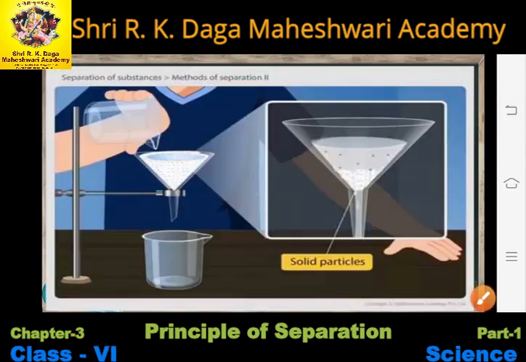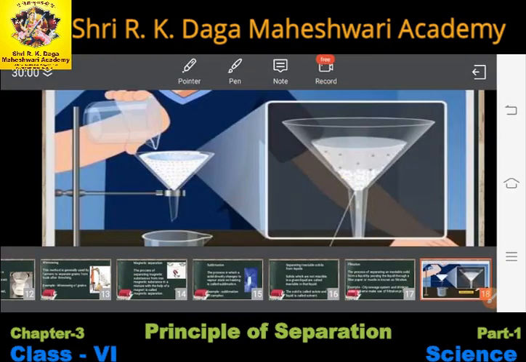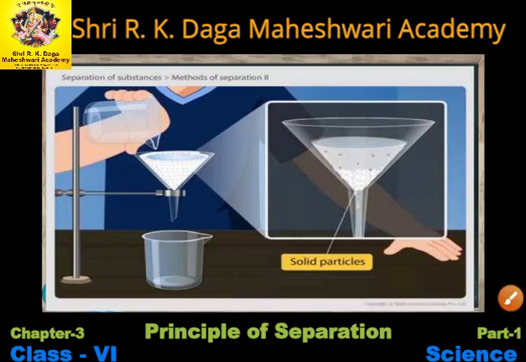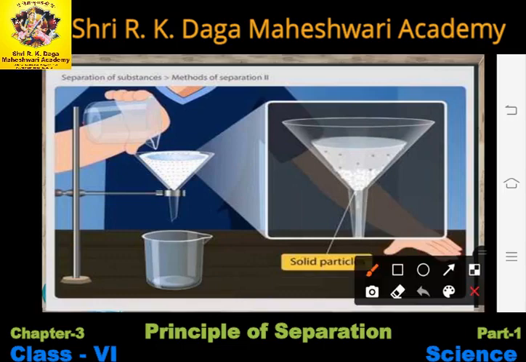Students, see in the picture that here we have a solution. The solution is filled in this container, which is called a beaker, and inside the funnel we have used a paper, and this paper is filter paper.